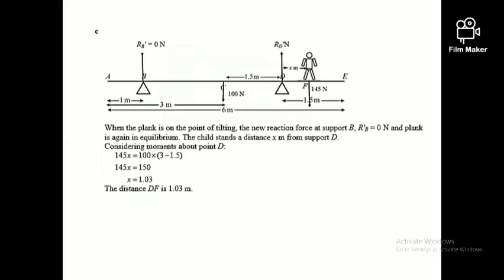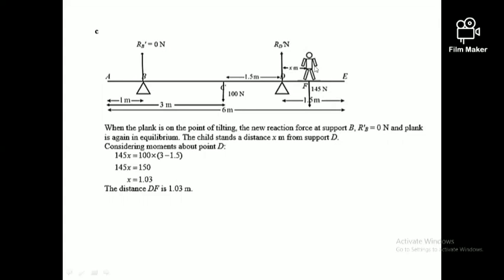As I mentioned, I will consider the person standing at a distance of x. If you want, you can mark a distance over here as x, but you know from common sense that if the object is to tilt from here, the person has to stand from here.